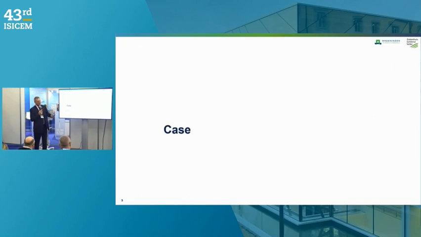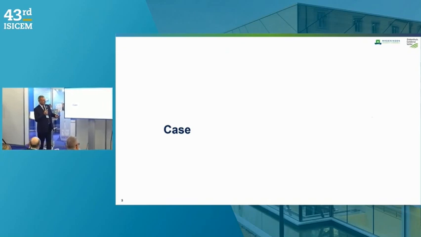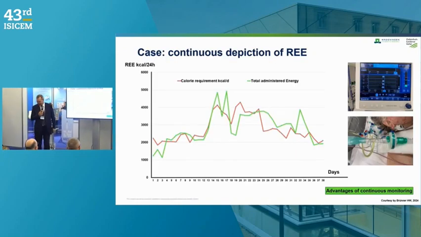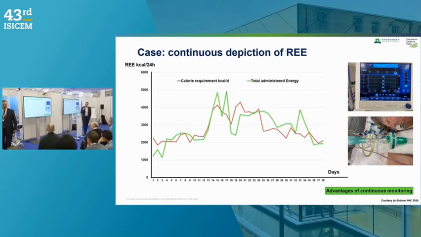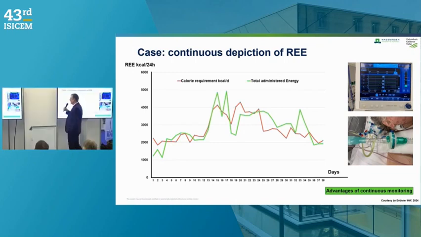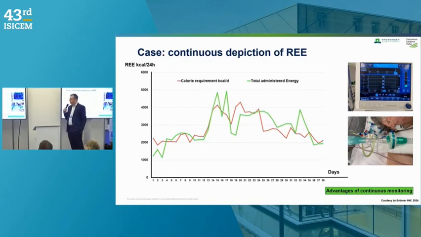So Horst will first start with presenting a case. Please. Good morning, everybody. This is the calorimetry of a patient, 73 years old. He has a complicated cholecystectomy with an open abdomen approach for about 38 days.